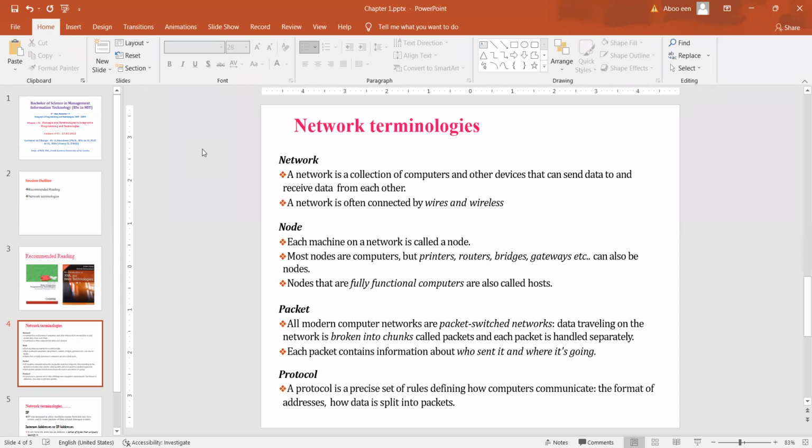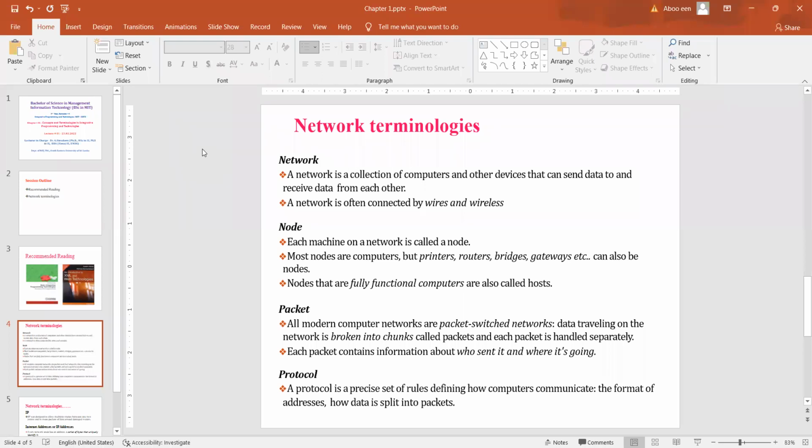A network is often connected by wire or wireless. So there are various connectivity media for this network, like wired media, wireless media and satellite media. When we take wired media, there are various types of cables, such as twisted pair cable, coaxial cable, and fiber optic cable.